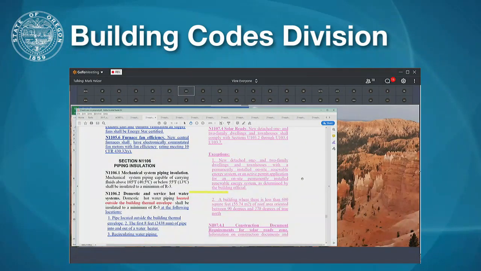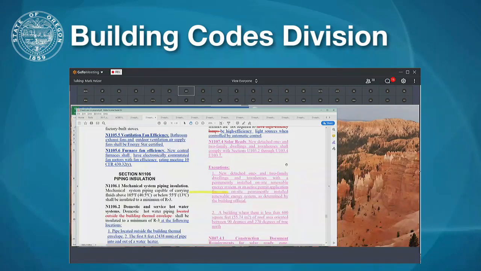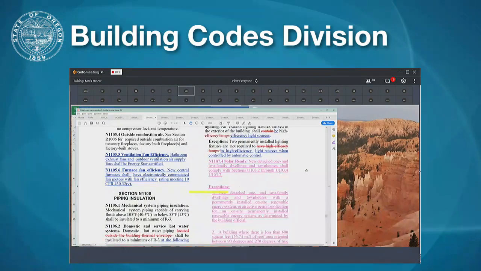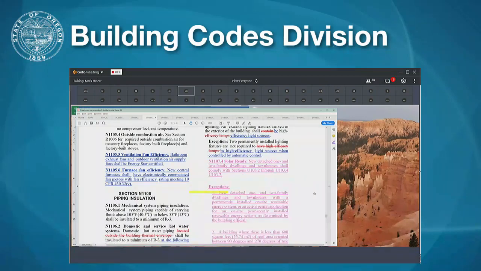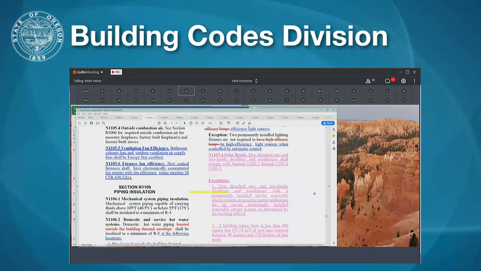I know we had a couple of commenters send in letters, and would just like to open up discussion of what is currently in the NEA application of the replacement N1107.4 for solar ready. Just want to get some feedback from the group on whether or not the language that the Zero Coalition put forward is acceptable. I know we had letters from OSEA and the solar installers. Want to open up the floor now for a discussion on solar ready.